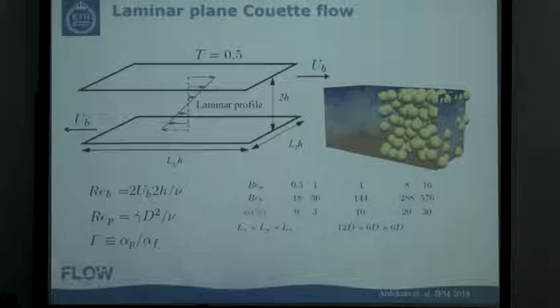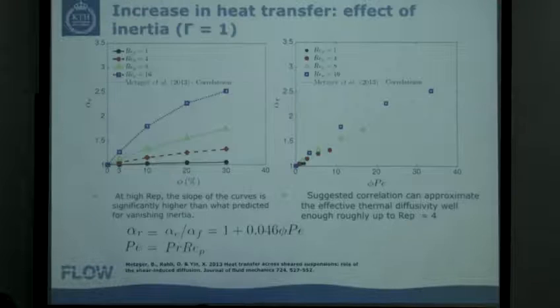The first thing we did, just to validate this, was to consider a simple quiet laminar flow with particles at different particle Reynolds numbers. We compare our simulations, where we change the particle Reynolds number, with the experiments by Metzger et al.